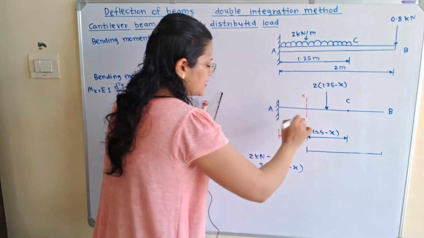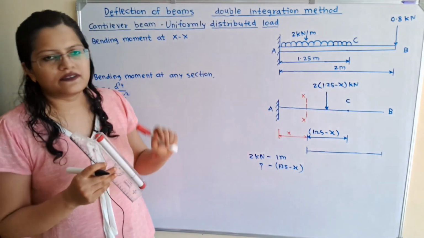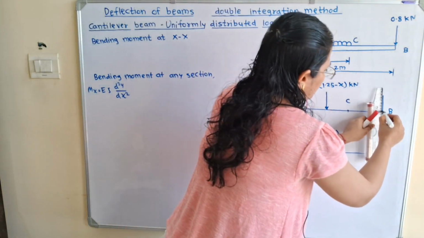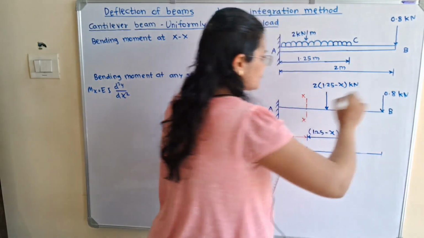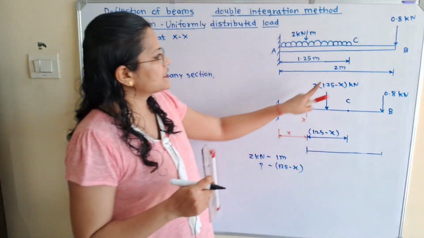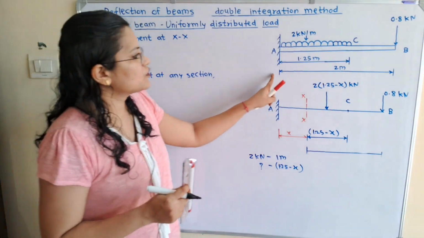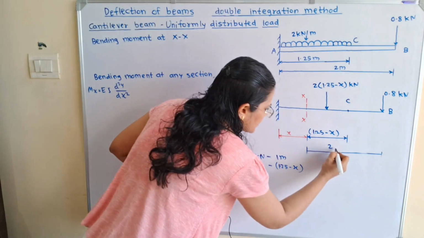So its unit is kilonewton. Now at the end B, we will show the point load 0.8 kilonewton. And what is the distance in between point load and this section XX? So the total distance is 2 meters. So the distance is 2 minus x.